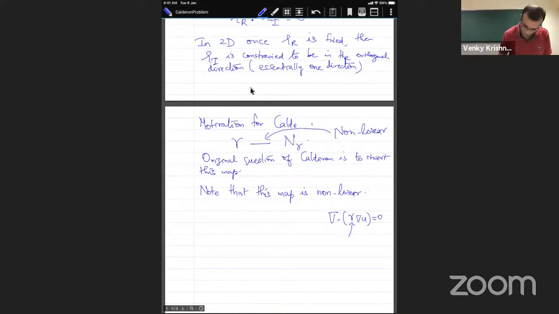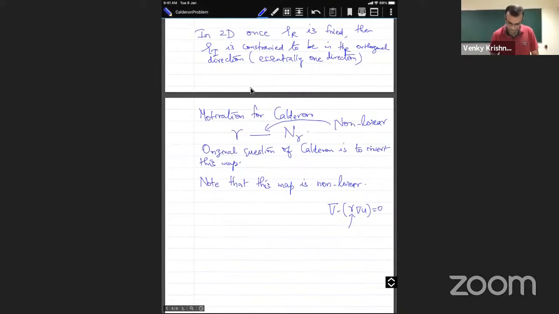So Calderon was not able to address the invertibility. Calderon, in his original paper, it's a beautiful paper, was not able to address the invertibility of gamma going to n gamma.